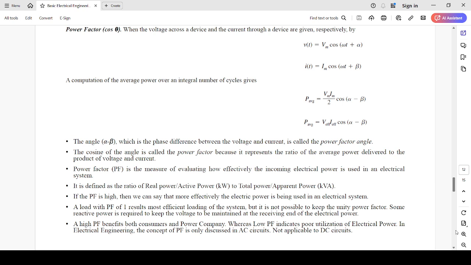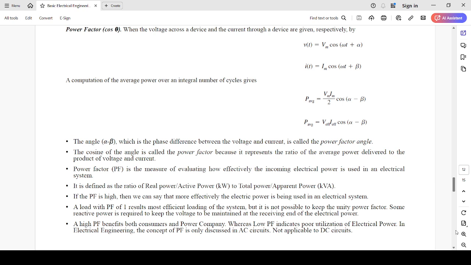As I told you earlier, the maximum value of the power factor is 1 because it is the ratio of two similar parameters, and it is dimensionless, that is, it has no units. The optimal value of the power factor is maintained between 0.88 to 0.92. High power factor benefits both consumers and the power company, whereas low power factor indicates poor utilization of electrical power.